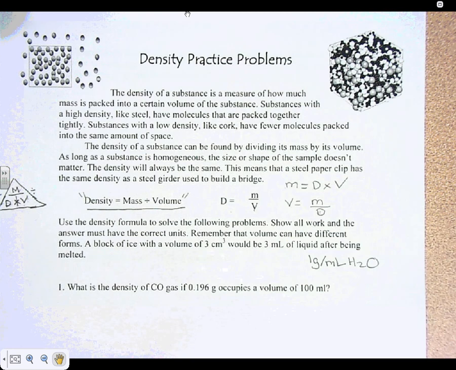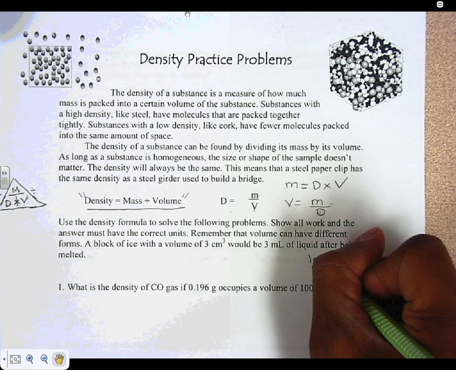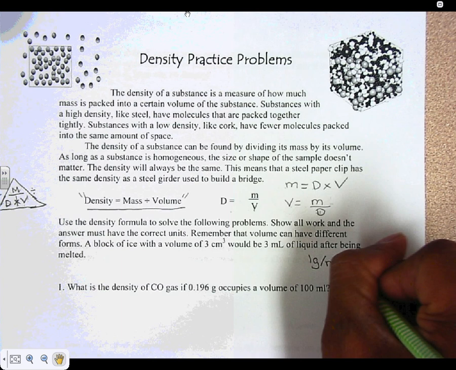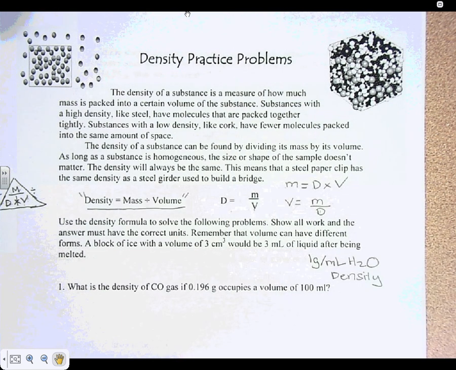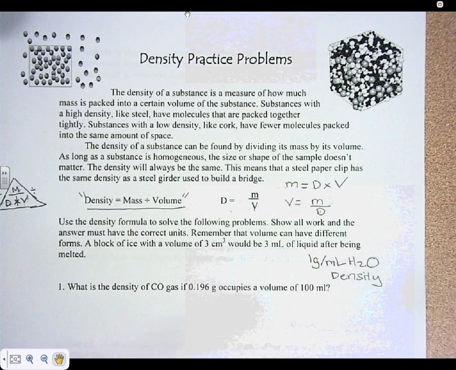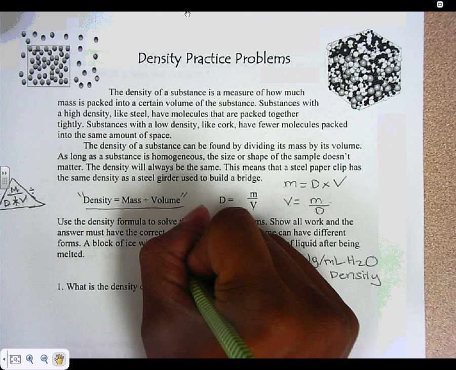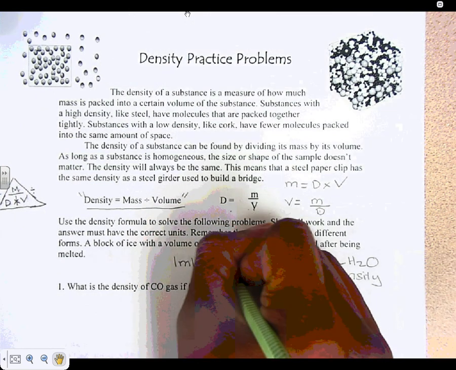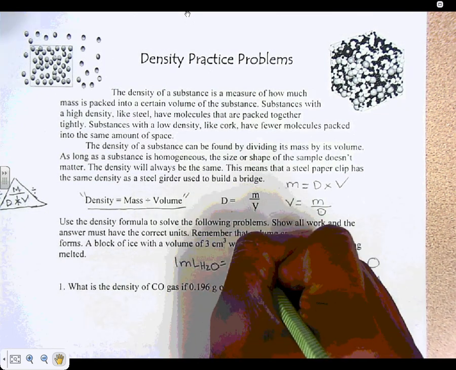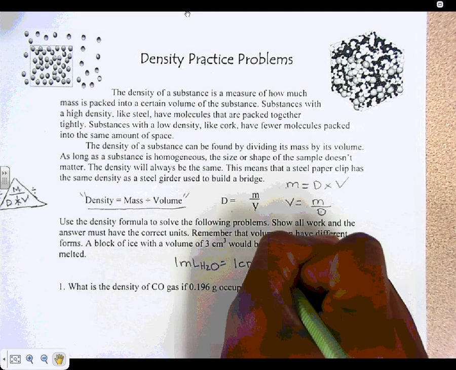That is the density of water. Also, it needs to be known that 1 milliliter of water is going to be equal to 1 cubic centimeter of water.